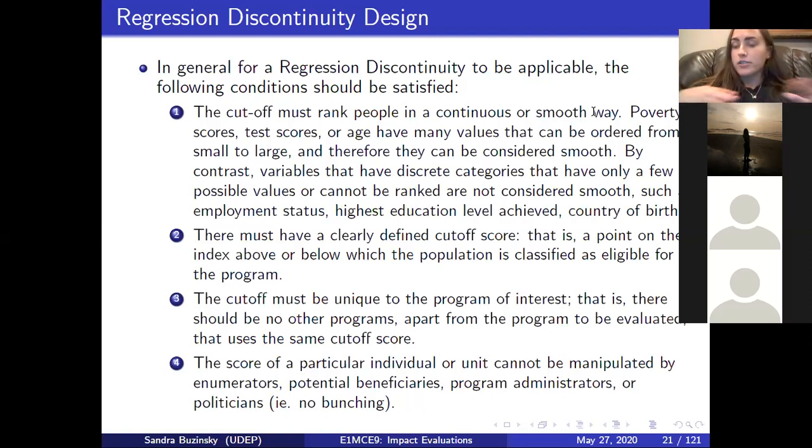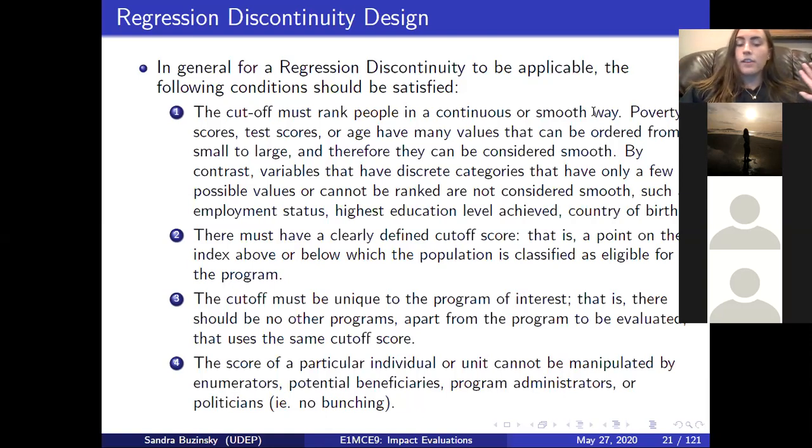And you're also not getting a valid counterfactual group, right? Because these people who should be in the control group on the other side of the cutoff are now pushing themselves into the treatment group. So your control group is not going to be a valid counterfactual. So we really don't want manipulation of the individual X at all.